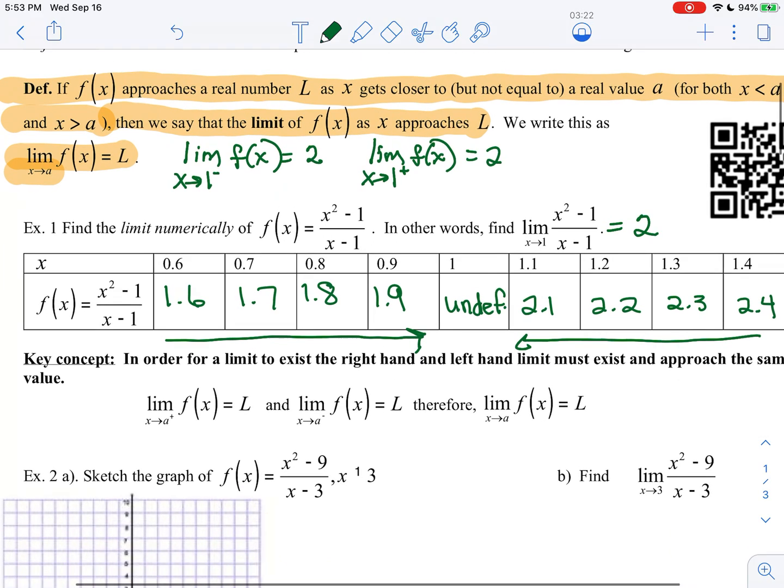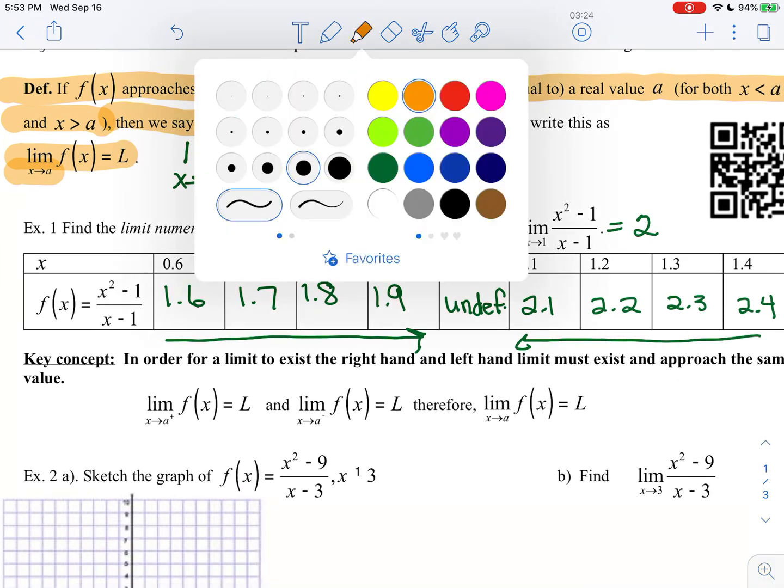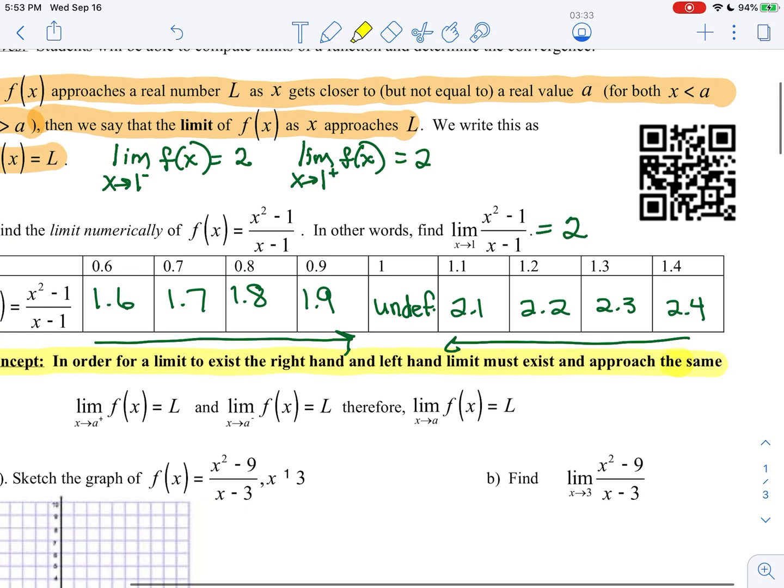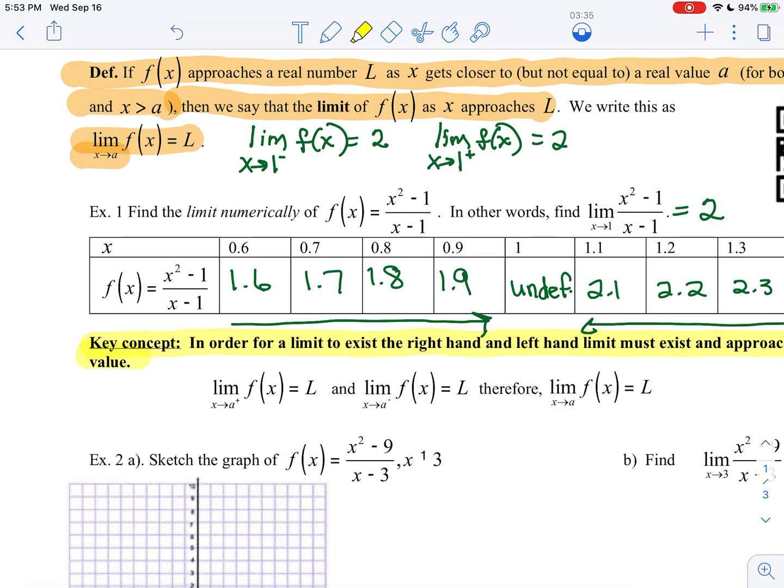So here's a key concept. In order for a limit to exist, the right-hand and left-hand limit must approach the same value.